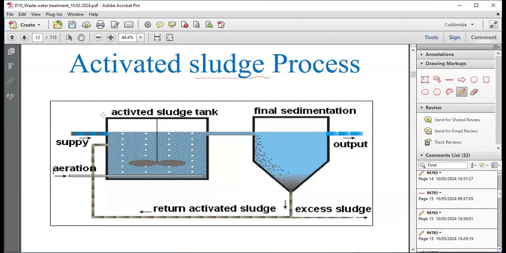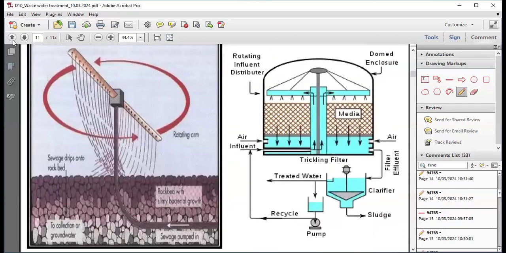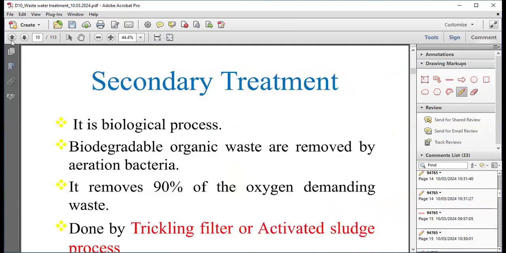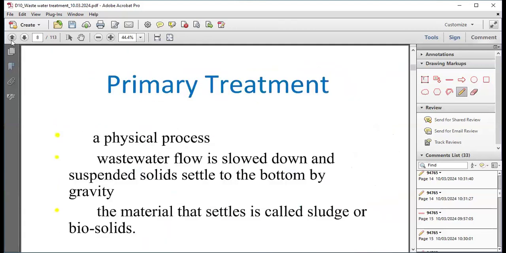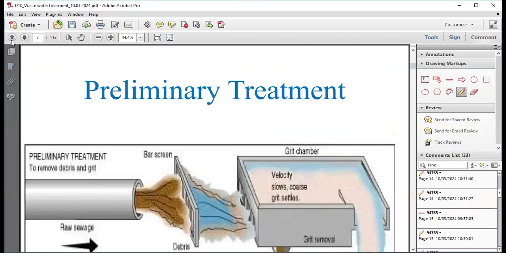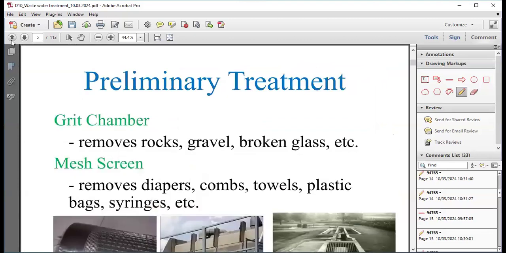Activated sludge process, activated sludge tank, final sedimentation, the coagulant adding, the mixing pan, this one, right? The return activated sludge, excess sludge. So you can get the idea about the primary treatment.